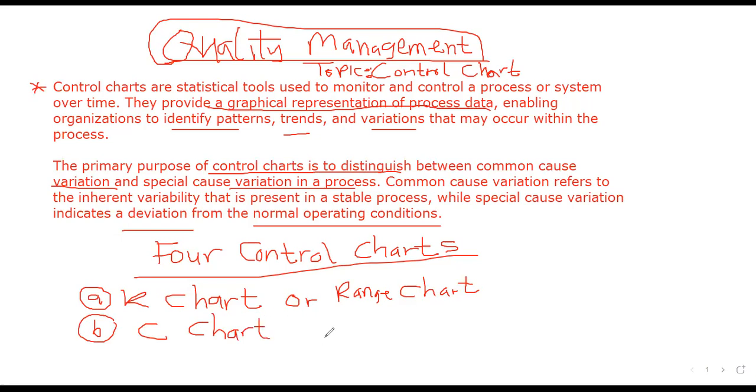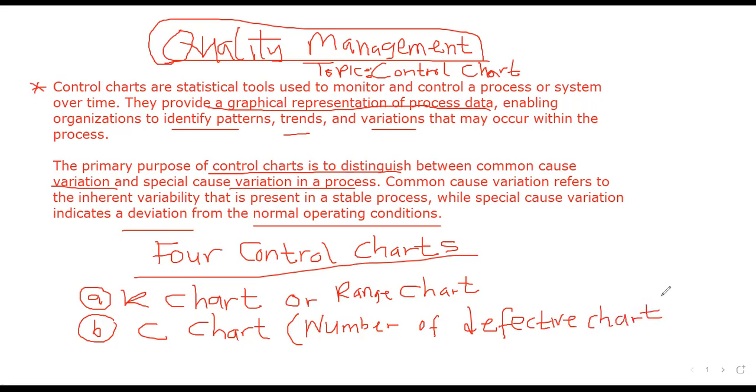This one is also called the number of defective chart.